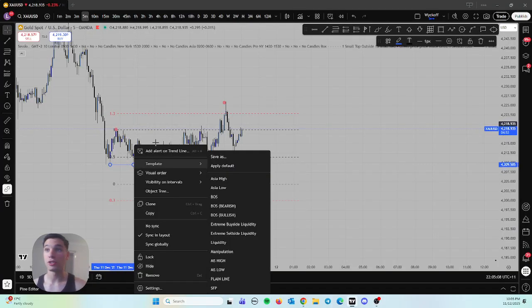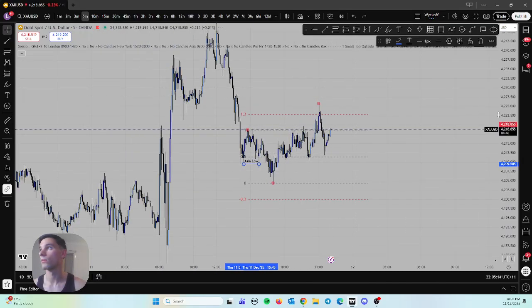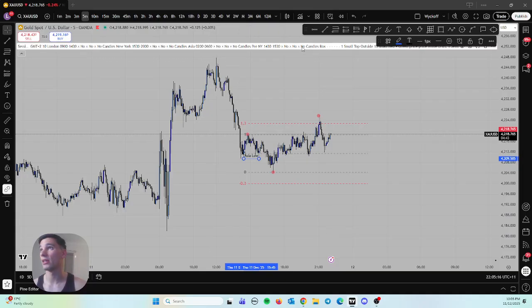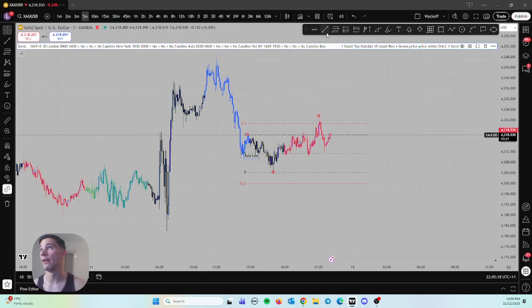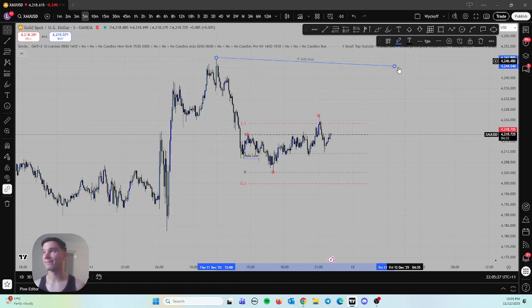So our Asia lows have been taken. I assume that's our Asia high. Yeah. Price good? In this situation, we'll look for accumulations.